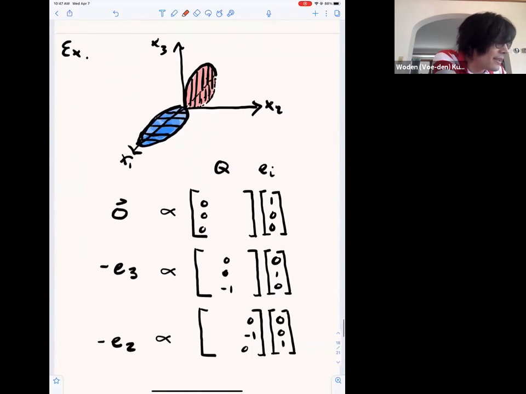Here's a nice example where we can do some computations just by staring at it. Here we have two sails, one in the x1, x2 plane, one in the x1, x3 plane. So we've got a vertical sail and a horizontal sail here.